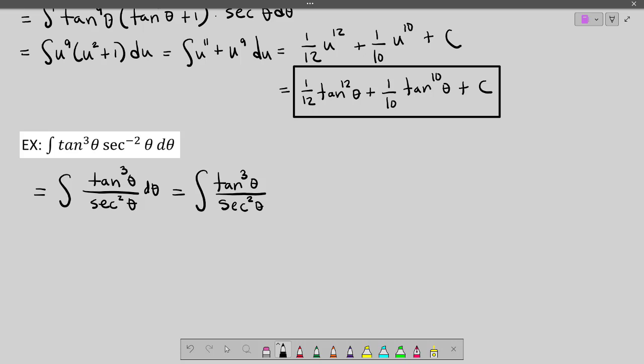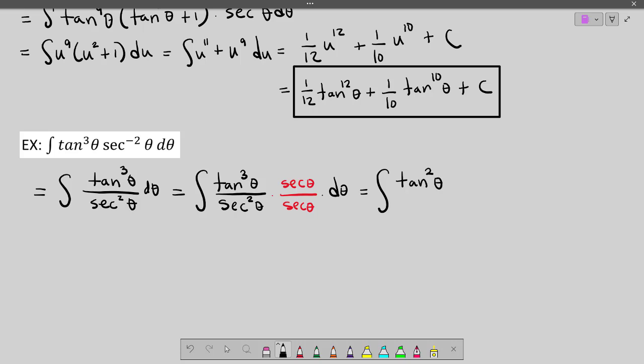We multiply by 1. So we're going to multiply numerator and denominator by 1. And the form of 1 that we are multiplying by will be such that we now have a secant that we can pull off. So we're going to pull off our sectan.